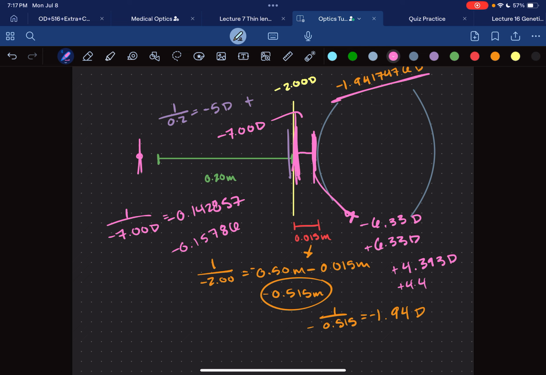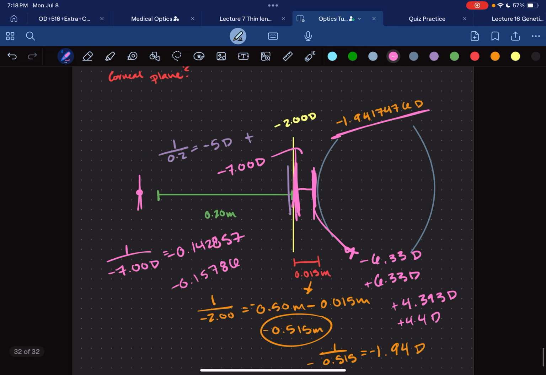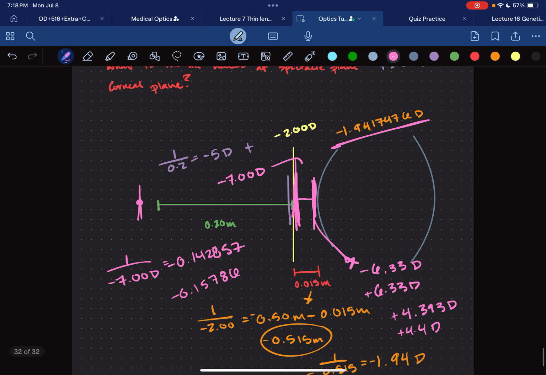So that's basically how it goes. It's kind of a mess, but I'll just walk through the steps real quick. We had the spectacle prescription, and we use that to figure out what the contact lens prescription is, because those would be different. Then, using the distance here, you find the divergence right here, and the opposite of that is how much you'll need to accommodate at the spectacle plane.